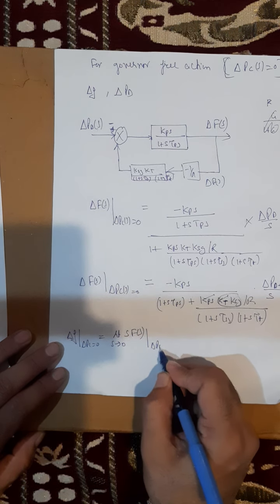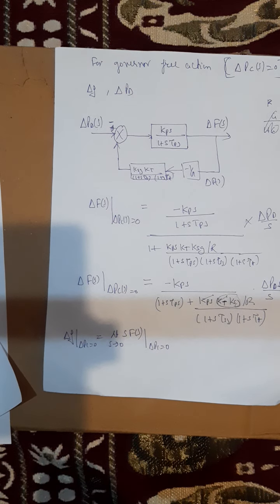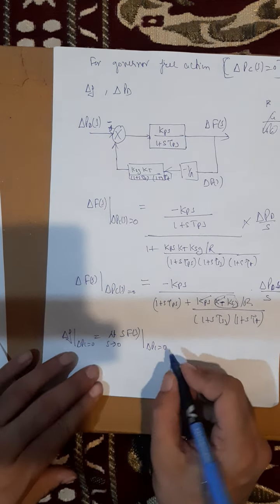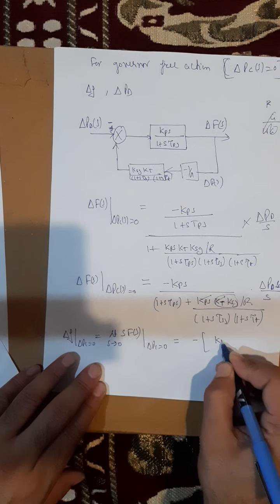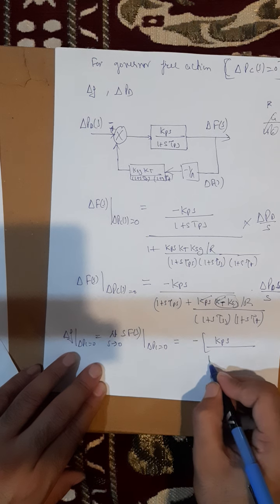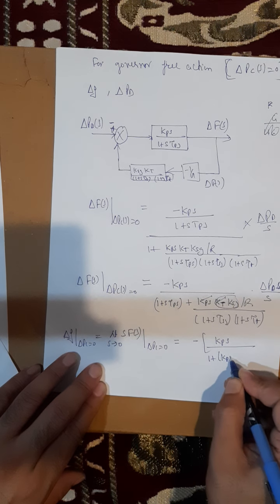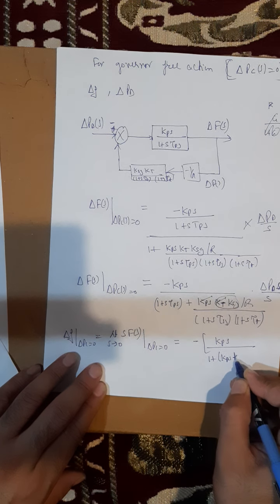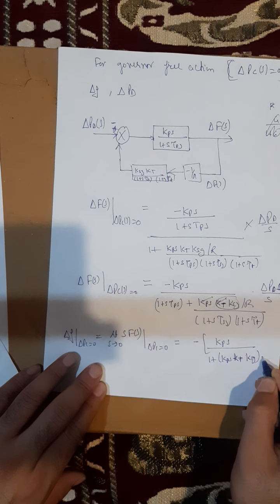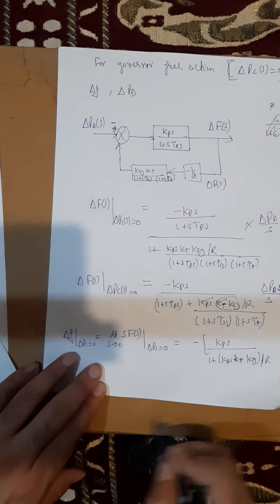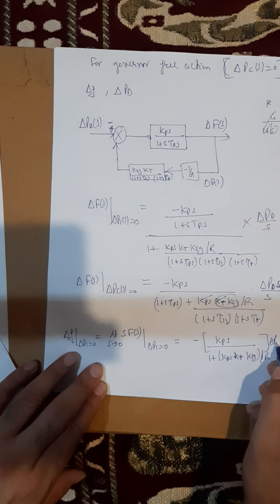When delta PC was equal to 0, to determine the steady state we apply the final value theorem. We will get delta F is nothing but minus KPS divided by 1 plus KPS into KT into KSG divided by R, into delta PD.